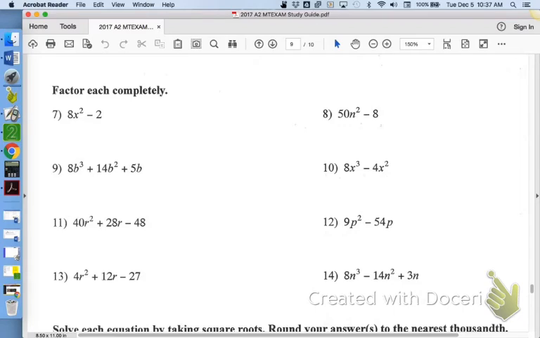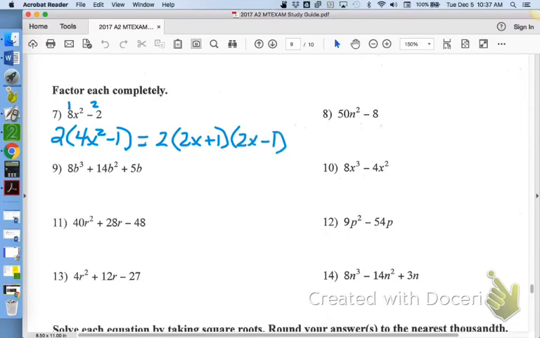Factor completely. GCF, baby. So take out the 2: 4x squared minus 1. The only time you can factor a 1 with 2 terms is when it's the difference between 2 perfect squares. And so that is the difference between 2 perfect squares: 2x plus 1, 2x minus 1.